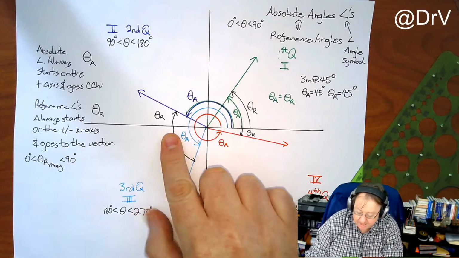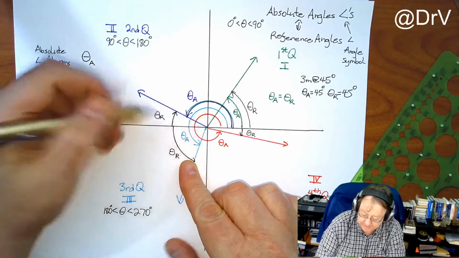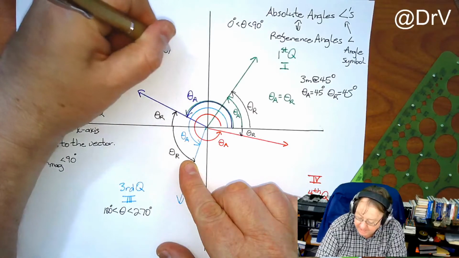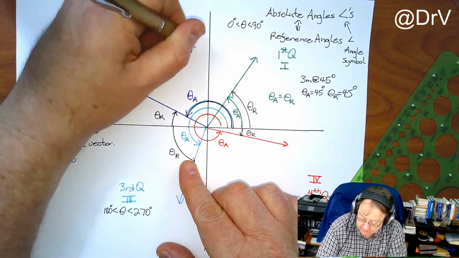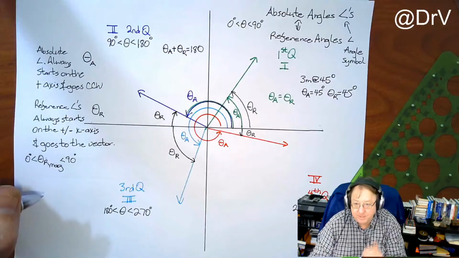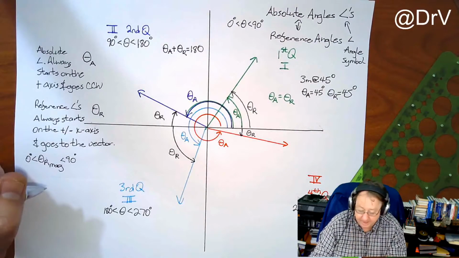For the second, what can you tell? The theta A is here, the theta R is there, so that theta A plus theta R is equal to 180. That they, when summed up, you're going to get 180 degrees.